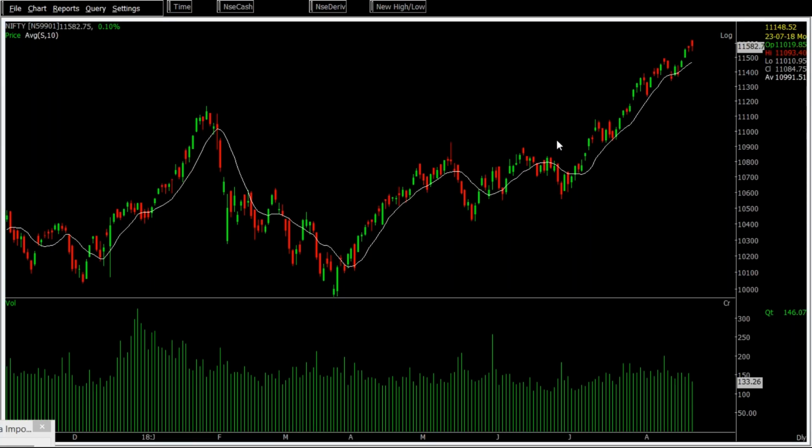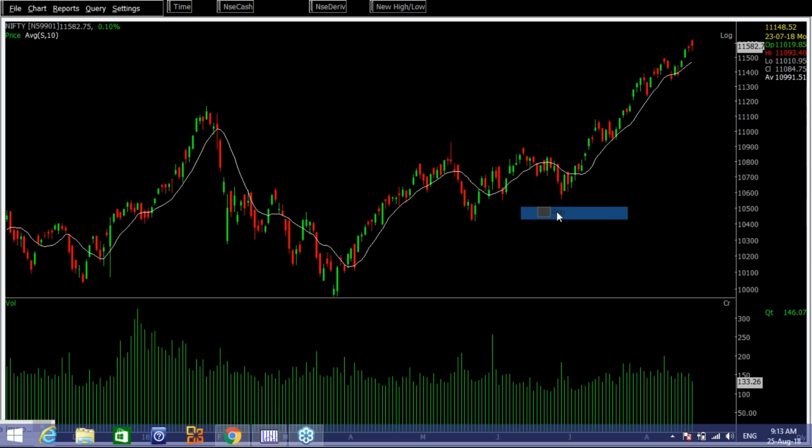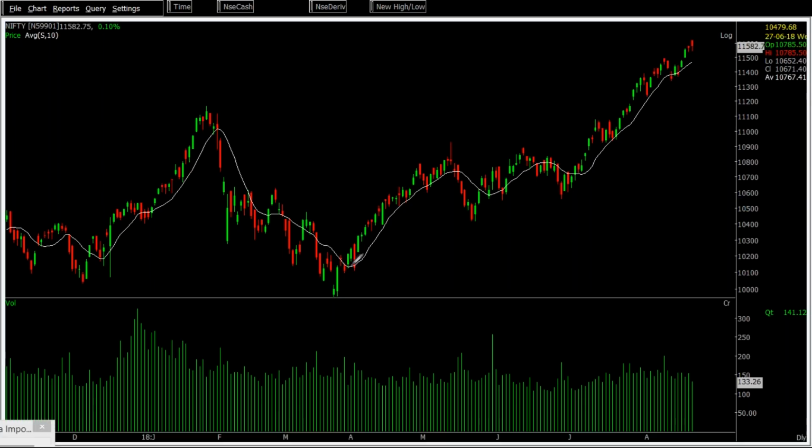we can clearly see that the average, which is the 20 moving average, is actually acting like an extremely good support area. So I like to call it a dynamic trend line. I like to call it a trend line that keeps moving in time.